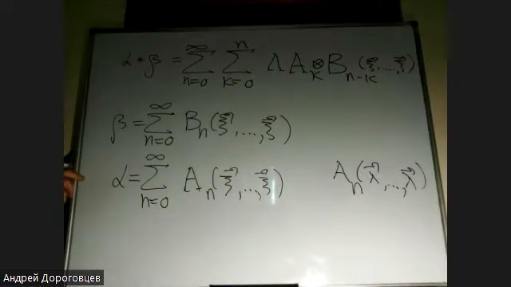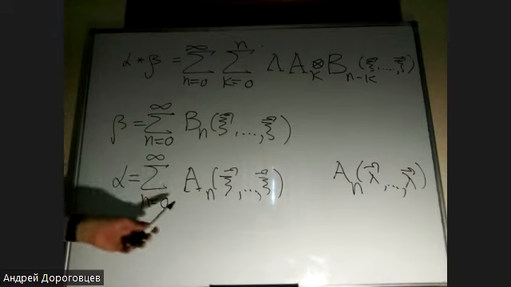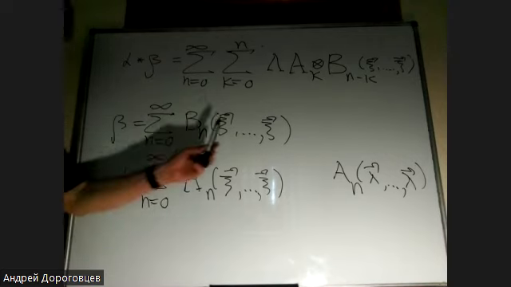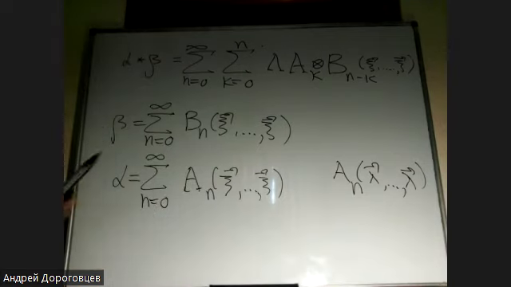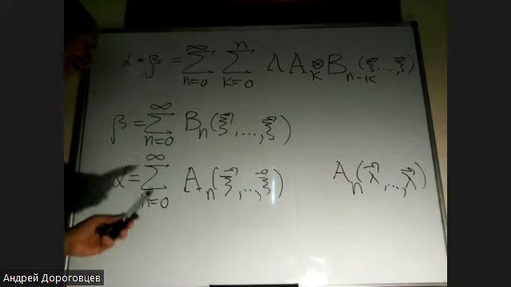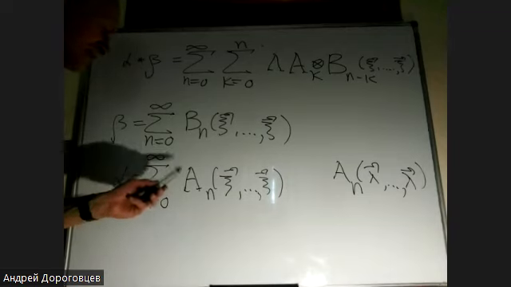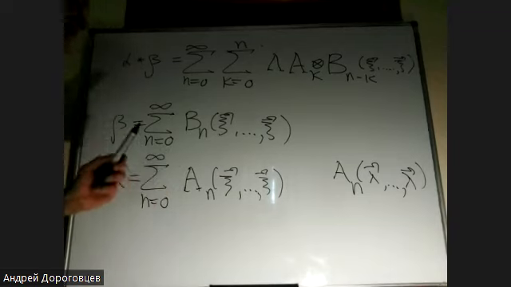Why I need here symmetrization follows exactly from the definition of our expansion. You remember that we say that let AN be symmetric, let BN be symmetric, because in this case, we have one-to-one correspondence with the coefficients if we write it in coordinate way. So I suppose that AN and BN are symmetric.